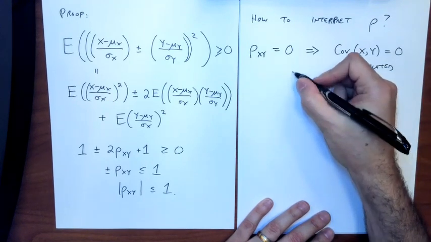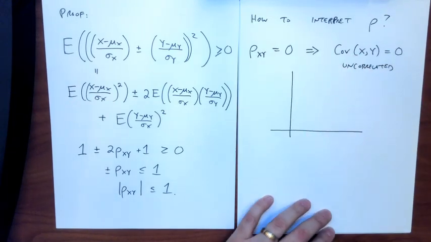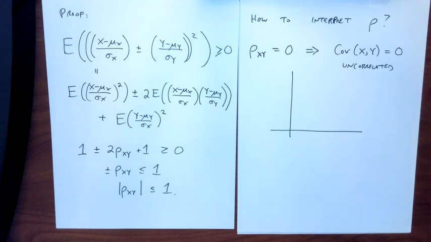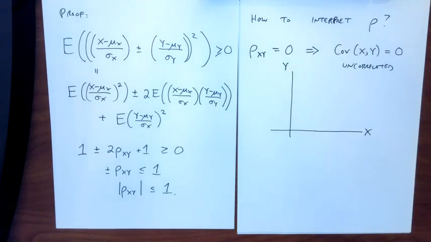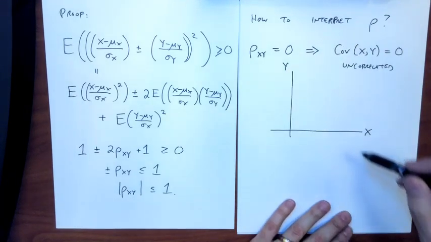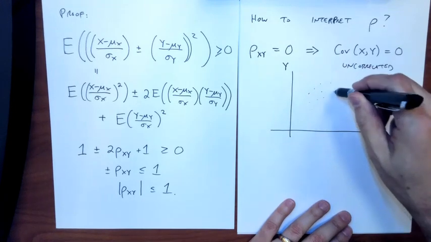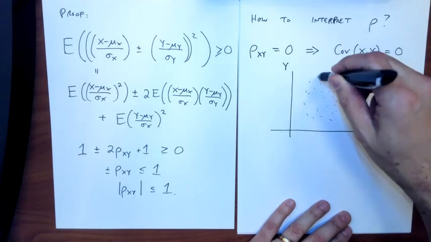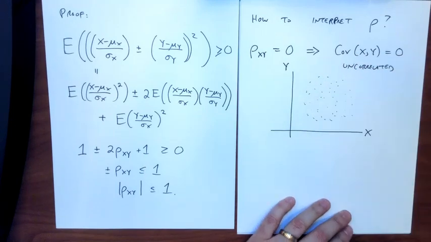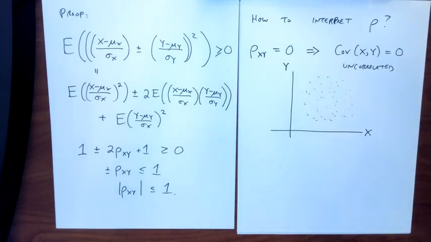And what that means, if I were to look at a scatter plot of samples of x and y, so I do my experiments and I observe x and y, what I would get would be a bunch of dots that are generally uniformly distributed in the plane. I guess that's kind of hard to see. Maybe I should make these dots red. That takes me more effort to draw, though.